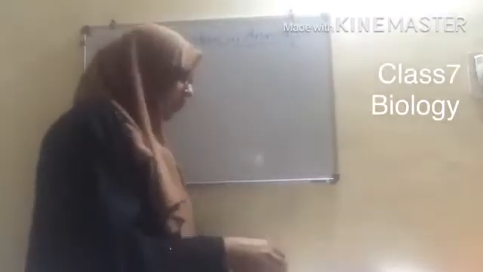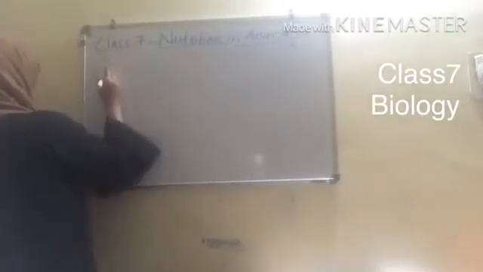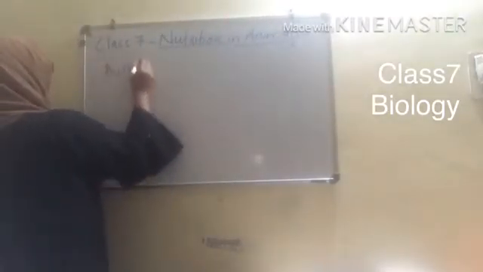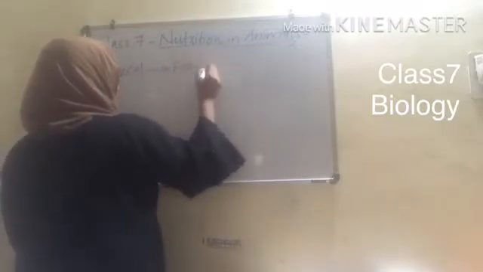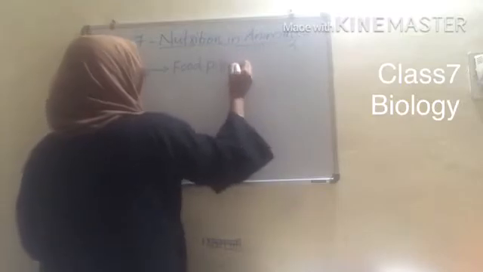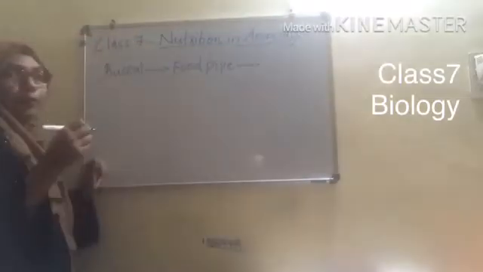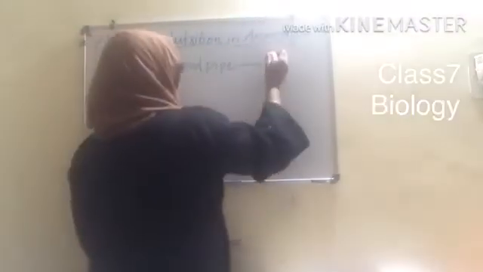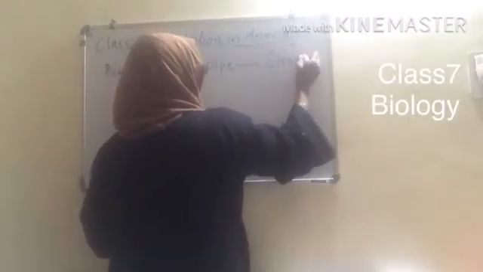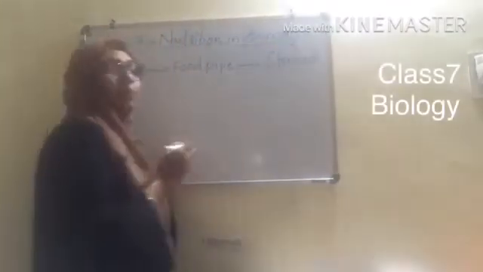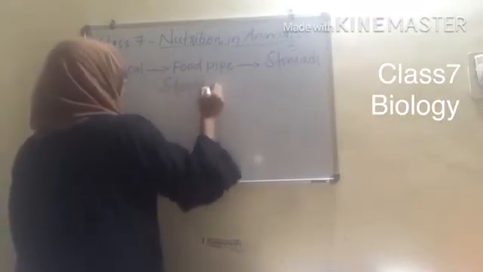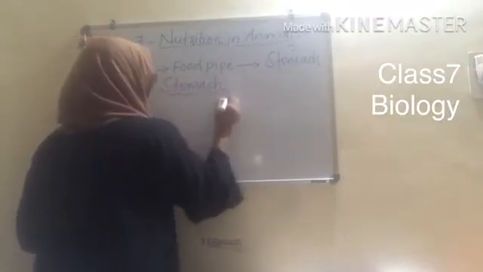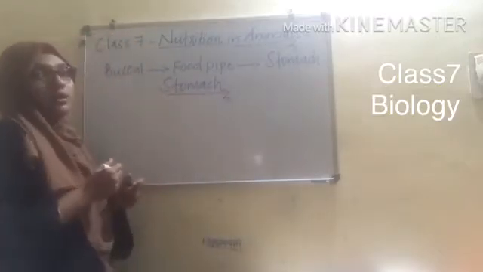Now, from the buccal cavity, it had reached the food pipe or the esophagus. Now, from the food pipe, where does it have to reach? Yes, stomach. So, today our topic is stomach. What is happening to the food when it reaches the stomach?